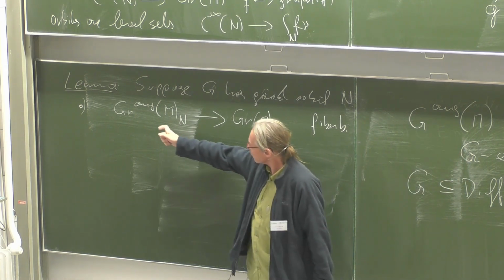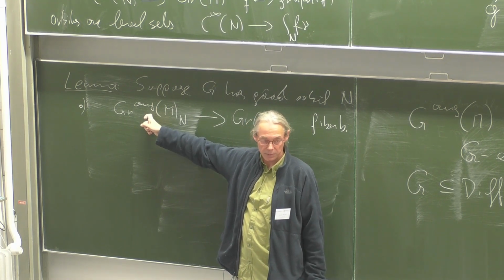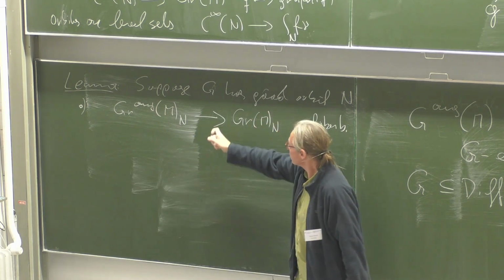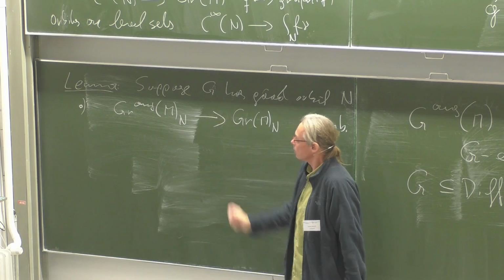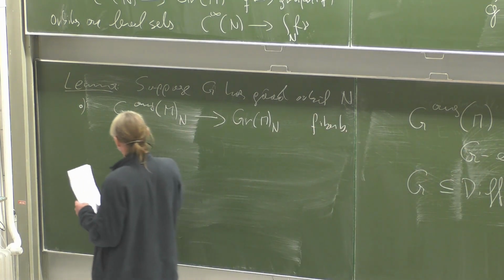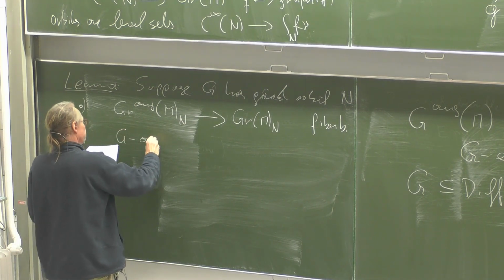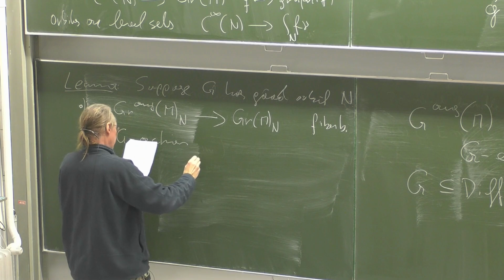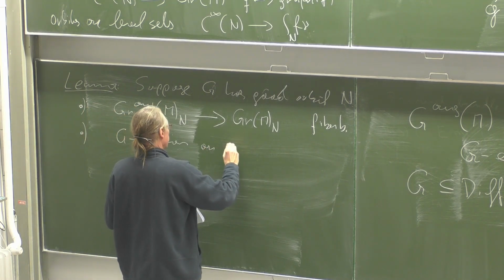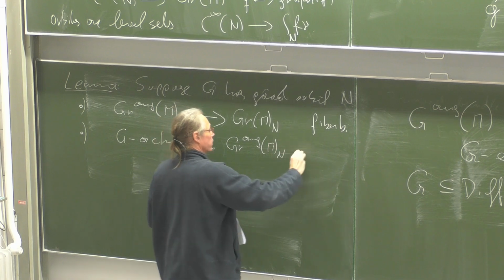So, first statement, I repeat: there is a natural Fréchet manifold structure on this space, and this forgetful map will be a fiber bundle. And the second statement is that the action on this space is smooth.